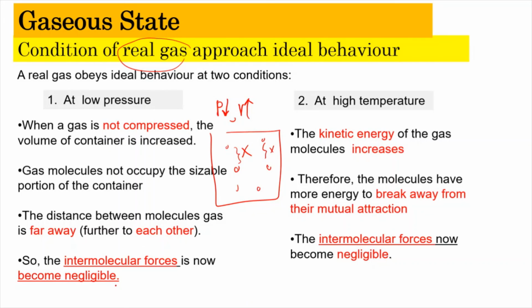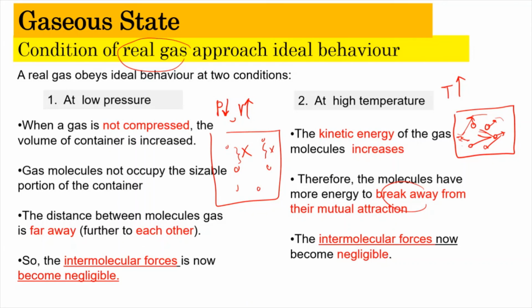So, the first condition is low pressure. The second situation is high temperature. At high temperature, the molecules move very rapidly because there's an increase in kinetic energy. When the molecules move very quickly from one place to another, the forces of attraction between the molecules can be overcome. Diorang boleh mematahkan daya tarikan tersebut. Seolah-olah there is no force of attraction between them.